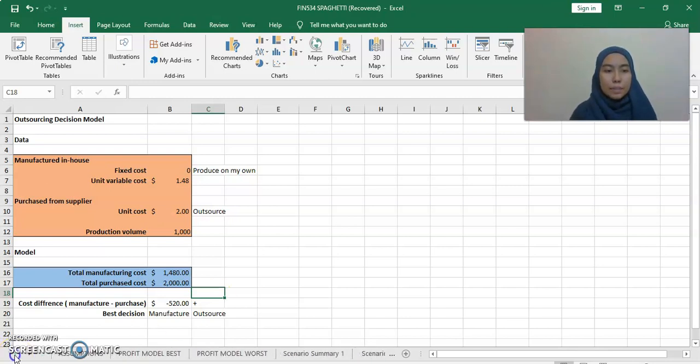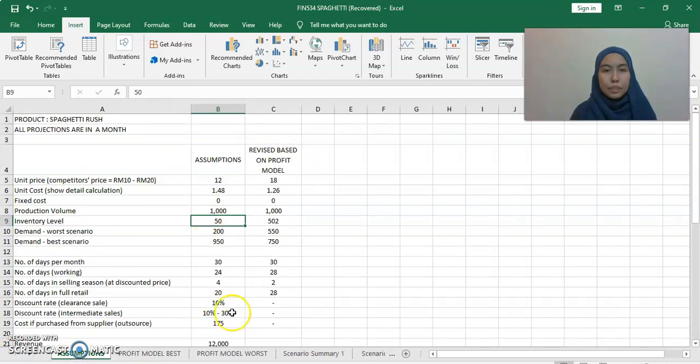So lastly, the assumption that I put in the revised base is the price of 18 ringgit, and the unit cost I change to 1 ringgit and 45 cents, and everything is the same. This is from the markdown pricing. This is the profit model, worst and best scenario, and this is after I calculate the discount, and these are the days that I need.